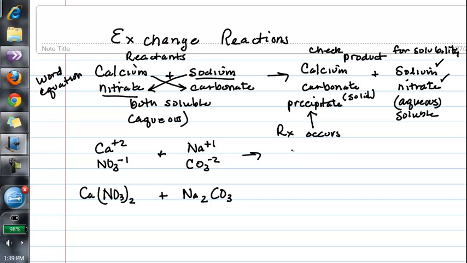And then the two products are calcium, again at +2, carbonate at -2, which match up, and sodium at +1 and nitrate at -1, and again these two match up.